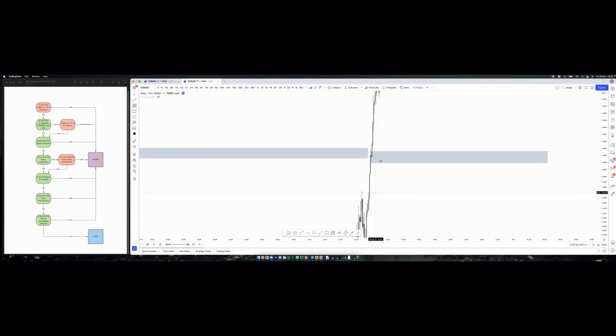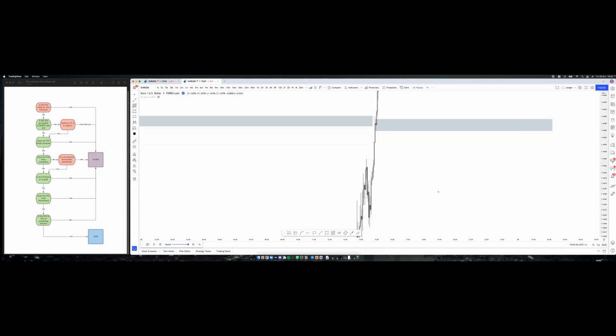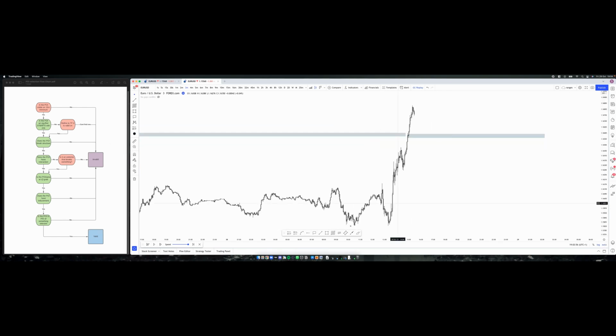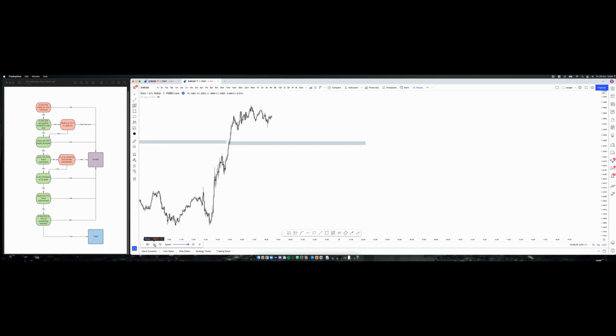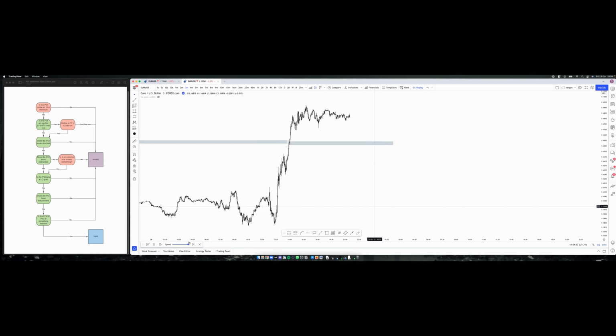Is the area coming from a liquidity grab? Not massively. The whole area has been a liquidity grab, but then we come in and create inducement there. All of that liquidity there again. Price continues to do its thing.